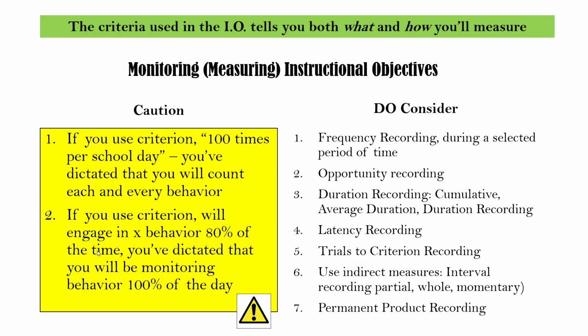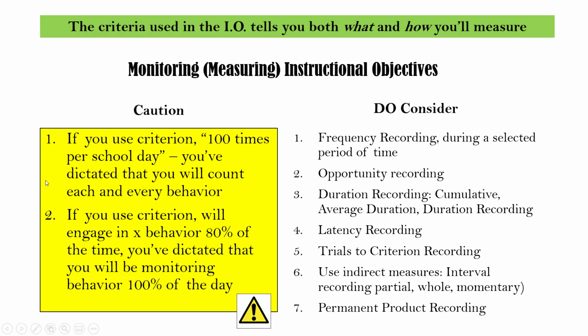Make sure that you're not saying per school day if you can't watch the whole day. So you might want to select a period of time. You might want to do opportunity recording. So if you present the kid with opportunities, how many times does he engage in the correct behavior?